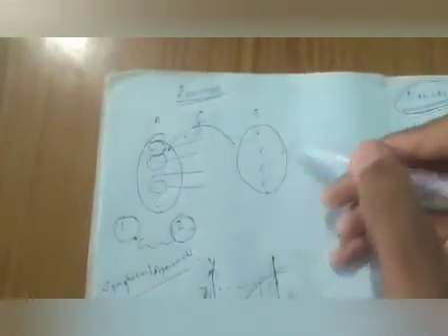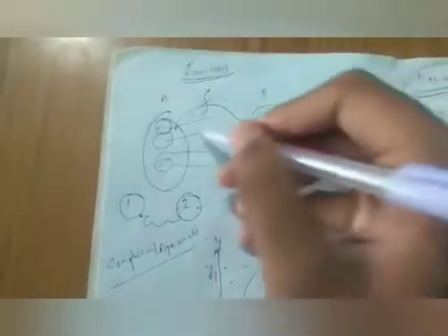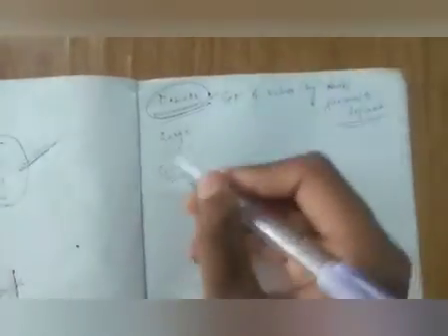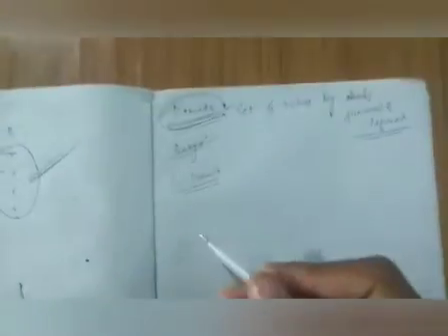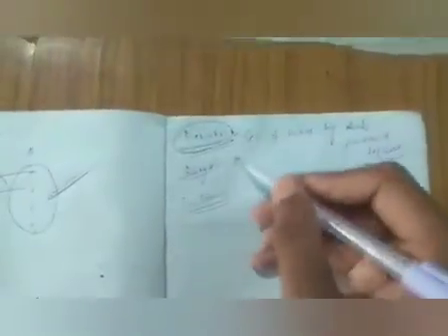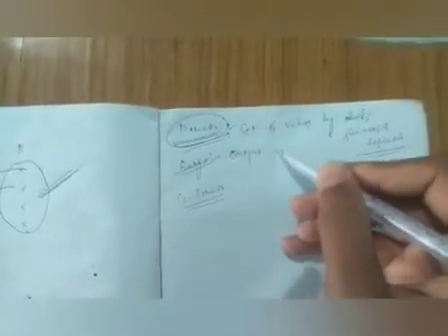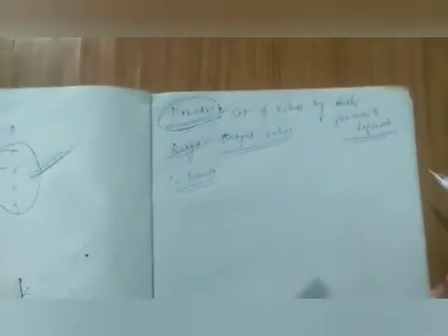These are the outputs we get. So domain is input, range is output. Range is the set of output values.